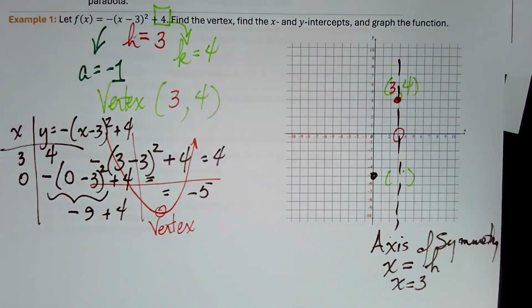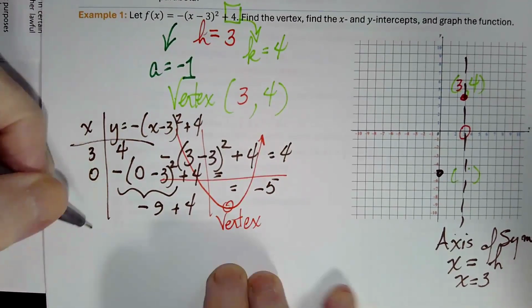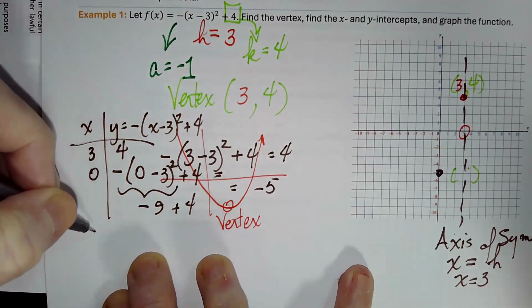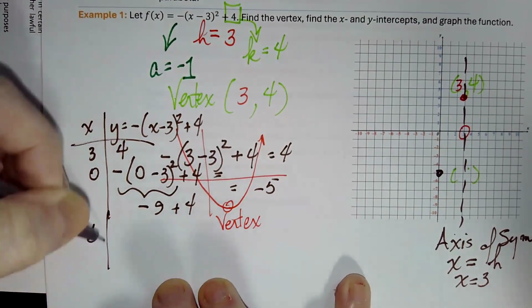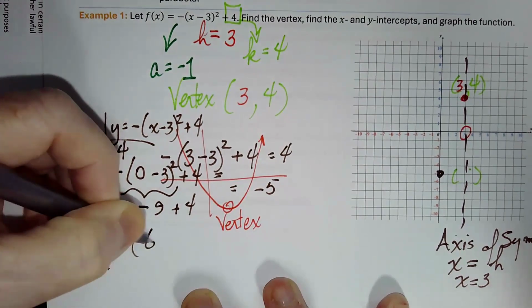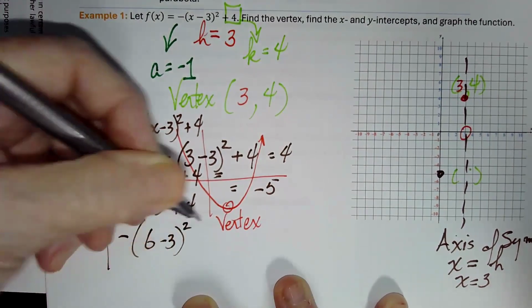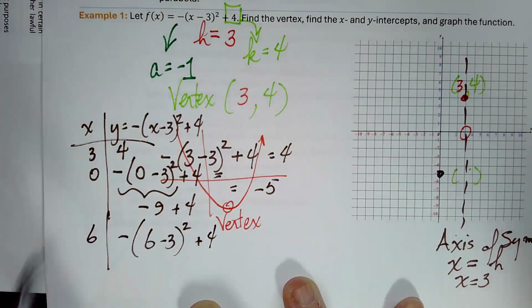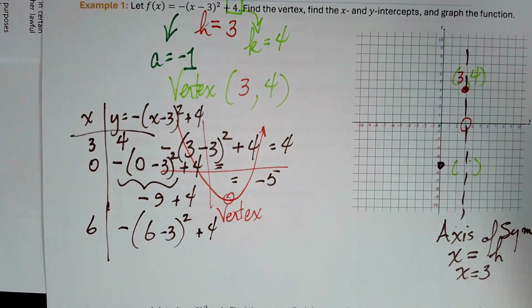And let's just check to see if that really works. Let's plug in 6. 6 minus 3 all squared plus 4. And what is 6 minus 3? Positive 3. Good. 3 squared is 9.